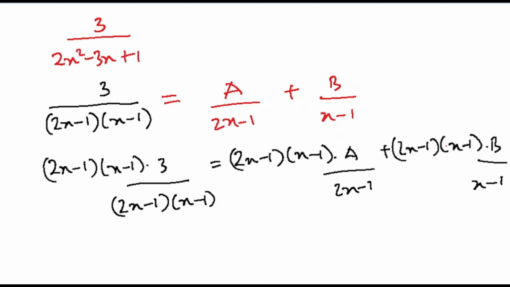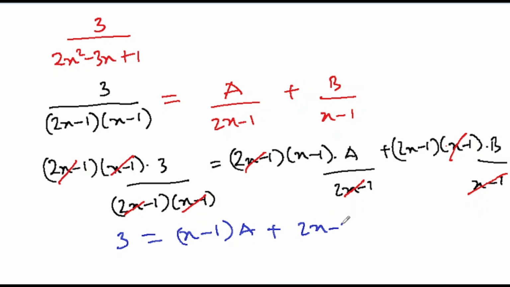Some factors cancel out. We cancel 2x minus 1, and we cancel x minus 1. At the end of the day, we now have 3 equals x minus 1 times A plus 2x minus 1 times B.